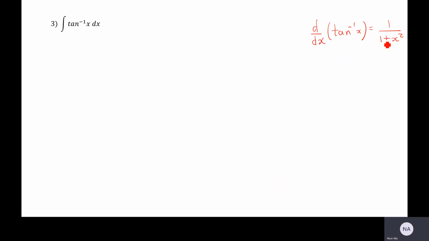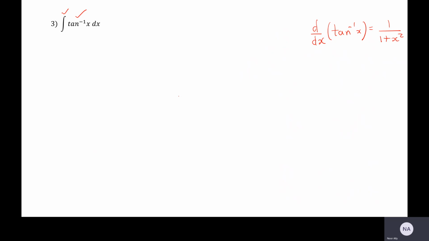That means the integral of 1 over 1 plus x squared gives me arctan. You can go to the tables. But do you have an integral of arctan? Not at all. There's no standard form for the integral of arctan of x. And this is the reason I'm actually doing this particular problem.